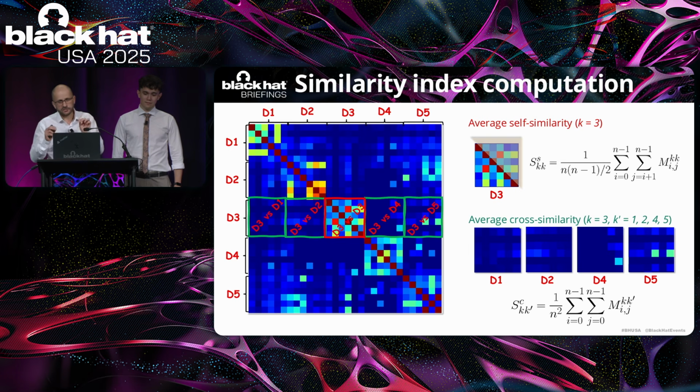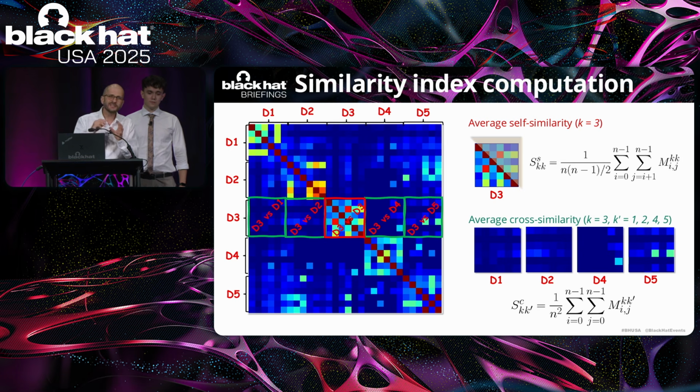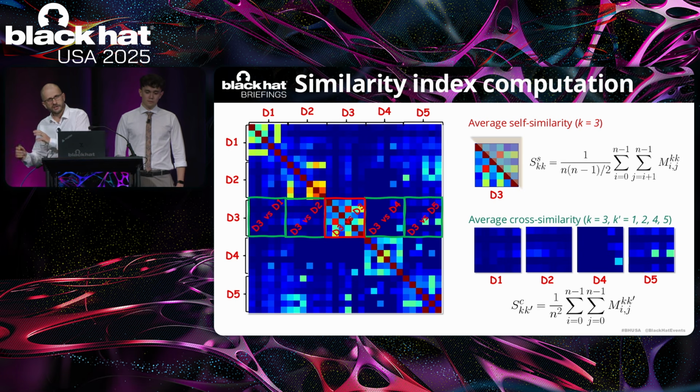We have the average self-similarity, which basically evaluates the consistency of a device's behavior with itself. So we have traces from the same device taken several times, and we evaluate how consistent these traces are, so we can distinguish this device. And then we also have the second equation, which evaluates a device's similarity to other devices in this pool.